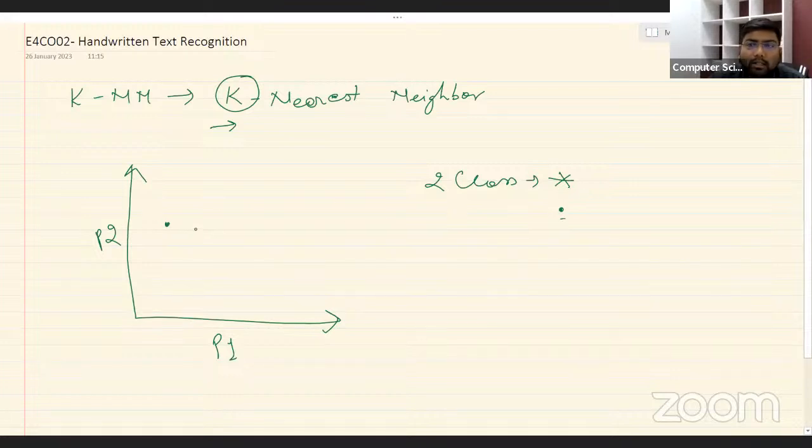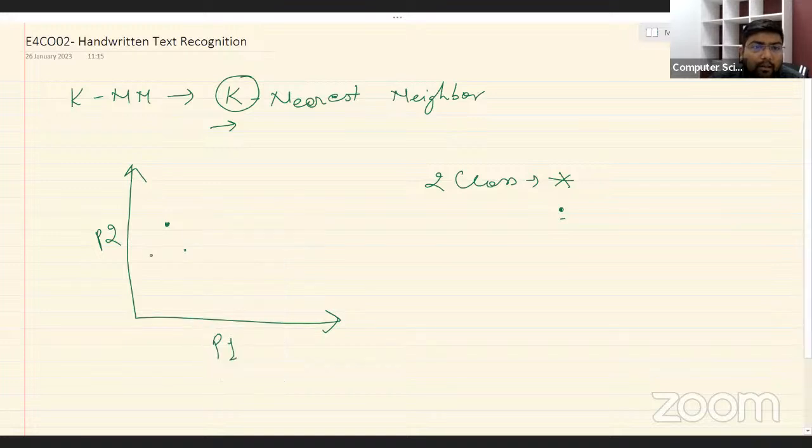Suppose there are 10 instances, and these 10 instances relate to this particular graph. The first 5 instances, those data points, are these.